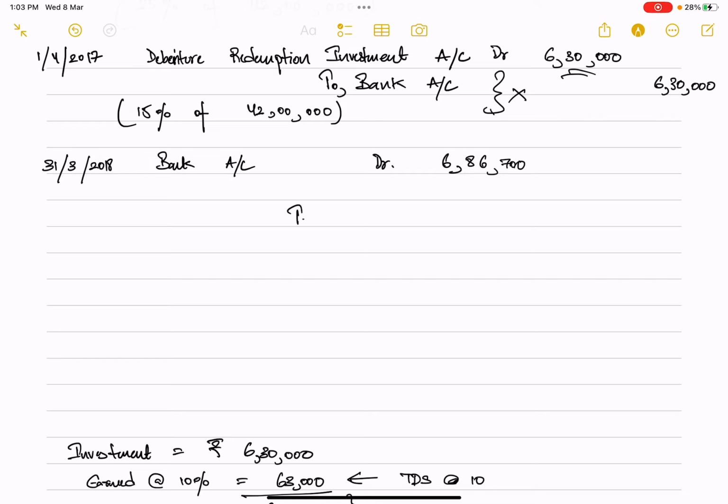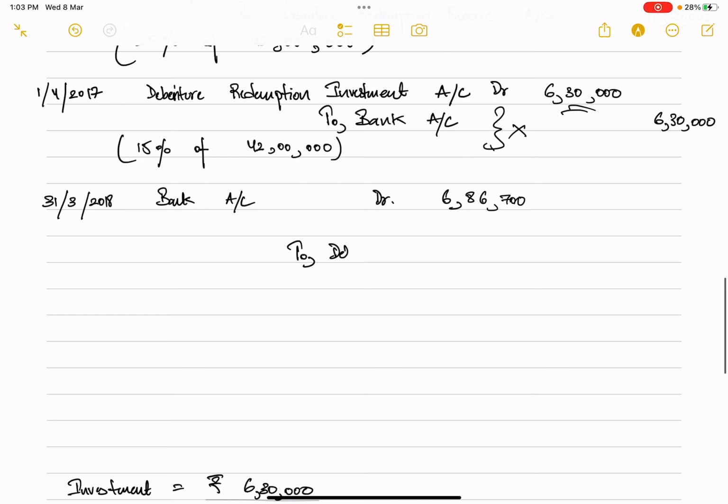Now this was basically a return of your debenture redemption investment account, which was valued at 6 lakhs 30,000. And out of this we had also earned interest, right? So interest account will also be credited.